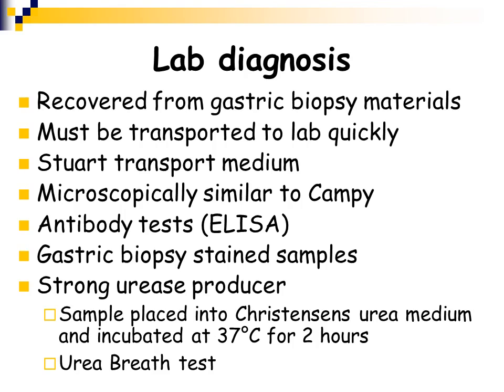It's called Christensen's urea media. If you inoculate Helicobacter in your urea media and then incubate at 37 degrees, you will have a bright pink color within 2 hours. So it produces a ton of urease in a very short period of time.